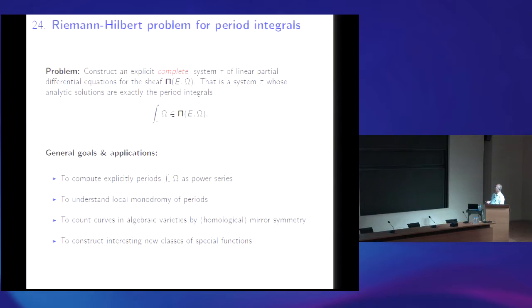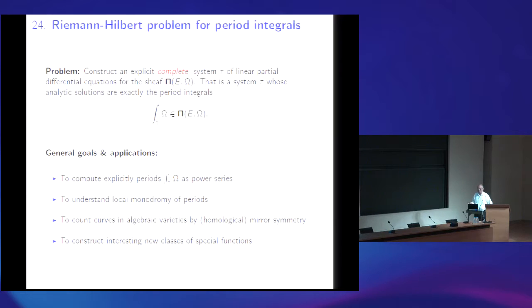So the problem that we are trying to solve is to find a complete system, which we call tau, of linear PDE for this section. We want to compute all the local sections of this section, by looking at a system of linear partial differential equations, so that the solution of this system is exactly the period integral, no more, no less.